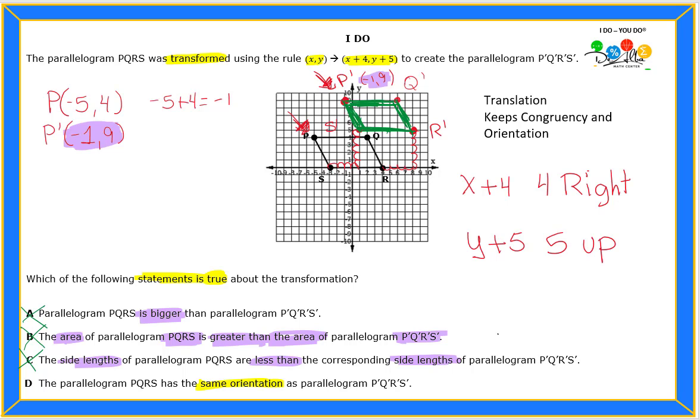Q's are both on the top right side. R's, both are on the lower right side. So orientation means, are they facing the same way? Does it look like they're being pushed in the same direction, right? And the answer is yes, right? They keep congruency, but they also keep the orientation. Very good. Therefore, the answer is letter D. Very good.